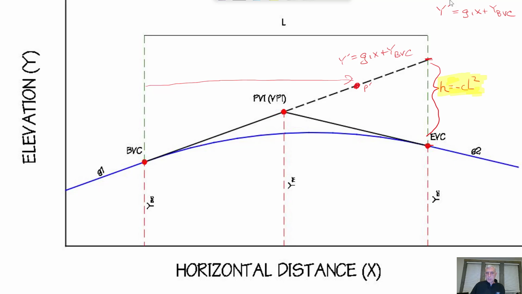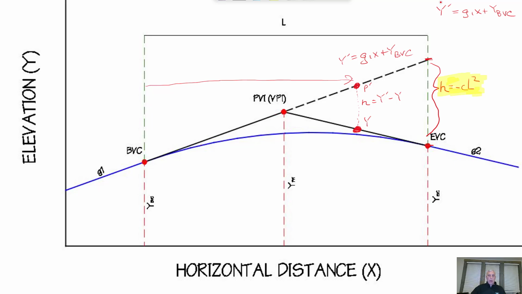So then let's say we go down a perfectly vertical distance and we're interested in the elevation here. And we'll call that y. How do we get that? It's pretty much the same thing. The reason we want to get that is because here h equals y prime minus y, right?